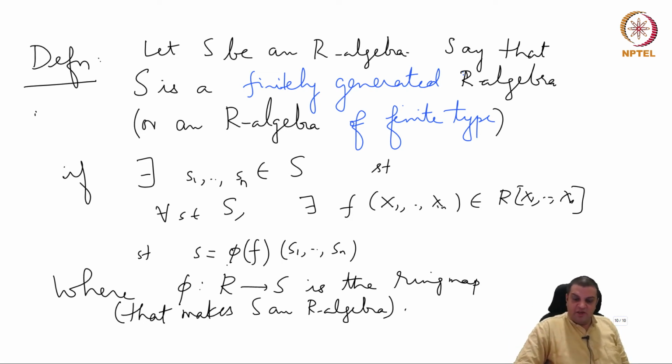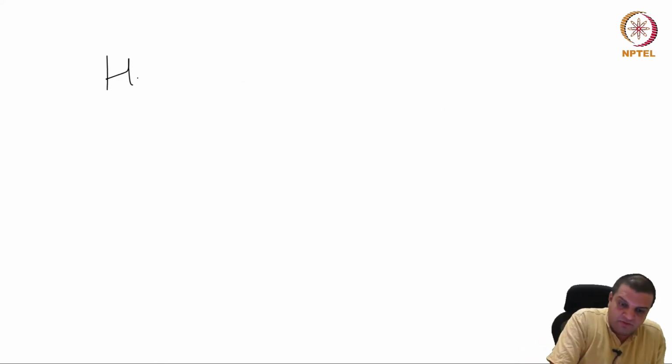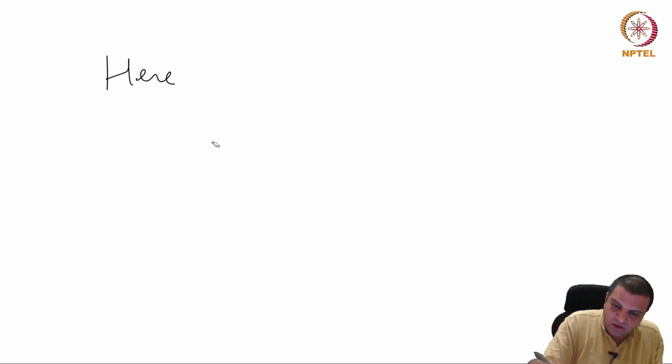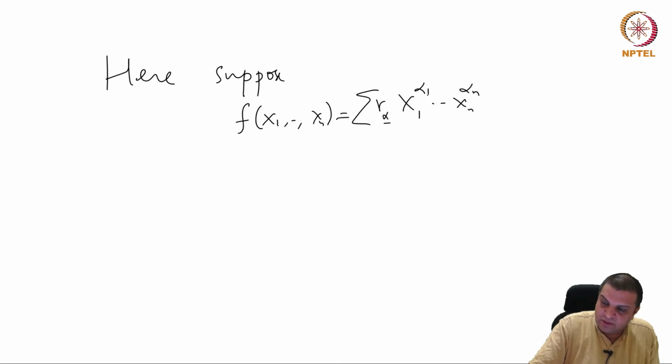So what does this mean? Phi of F. Suppose f of x1 through xn is a sum of terms r alpha times x1 to the alpha 1 through xn to the alpha n, where alpha is an n tuple.